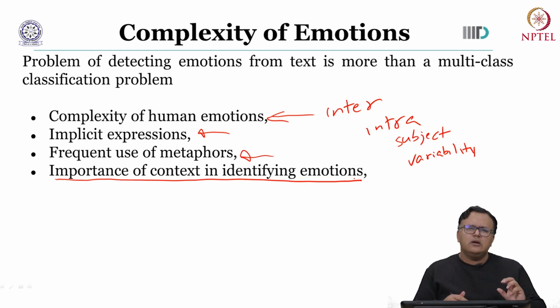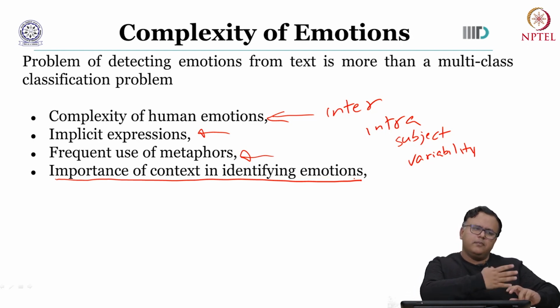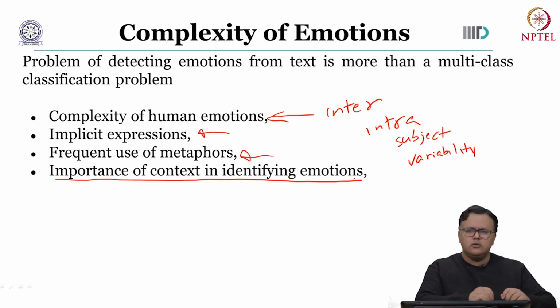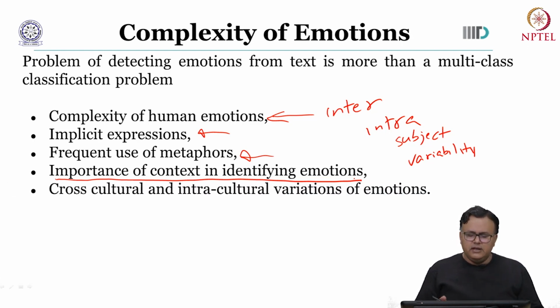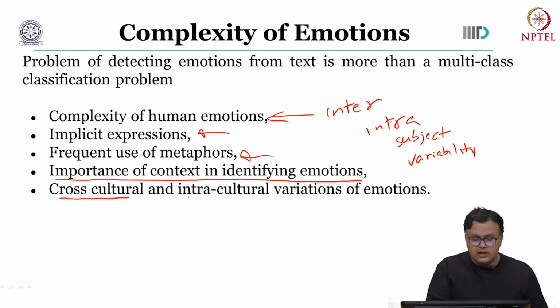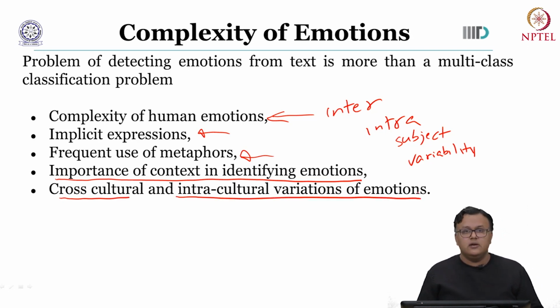Is the context a comment about a product? Is the context that someone is orating, someone is telling about how their day was, and in that particular use case scenario you would be then understanding the emotion, right? So the system needs to understand the context as well. Further, as we have seen with voice based emotion and face based emotion analysis, cross cultural and intra-cultural variation of emotion is there.